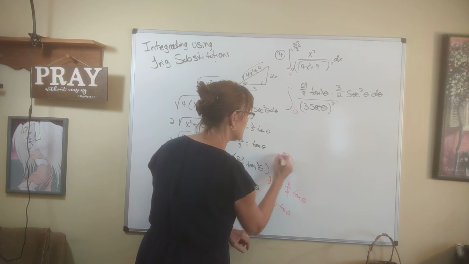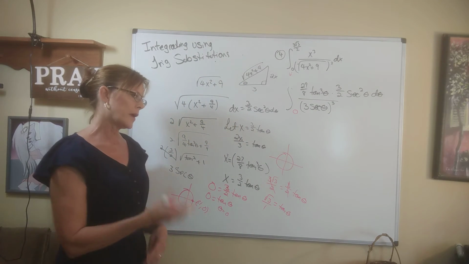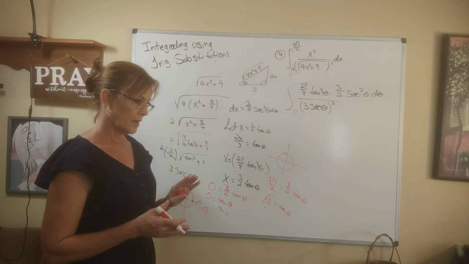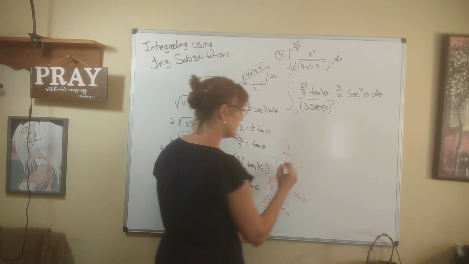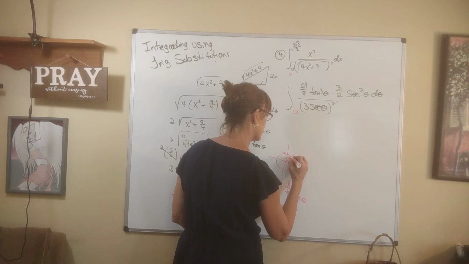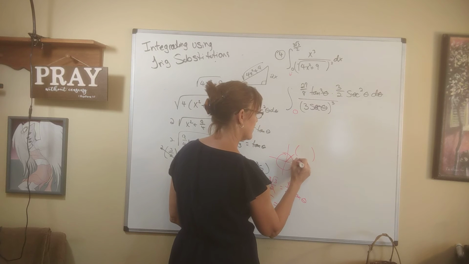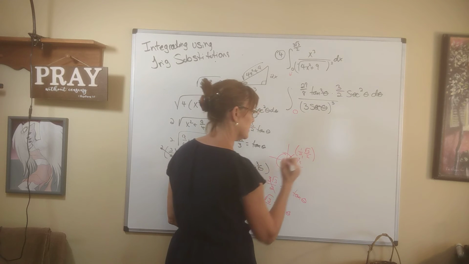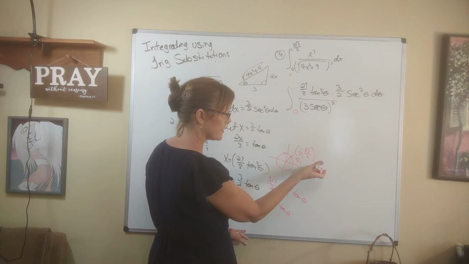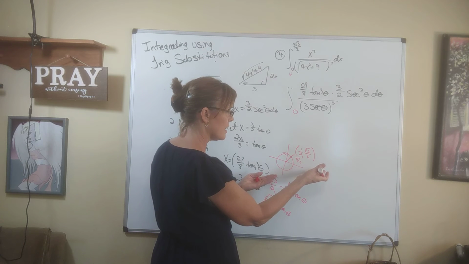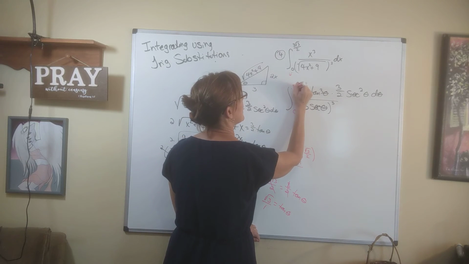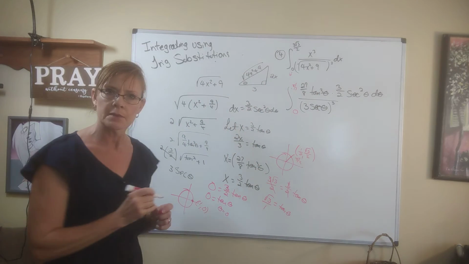So if I look at my unit circle and ask myself, where is the sine square root of 3 and the cosine 1? This is at pi over 3, where the cosine is 1/2 and the sine is square root of 3 over 2. So I take sine, square root of 3 over 2, divided by cosine, 1/2, I get square root of 3. So this is going to be pi over 3. So I've adjusted my limits for theta.